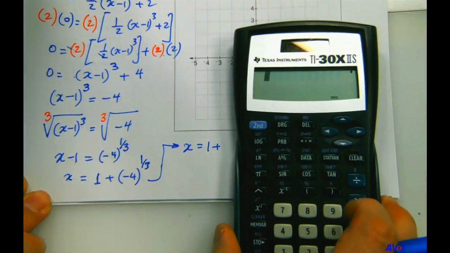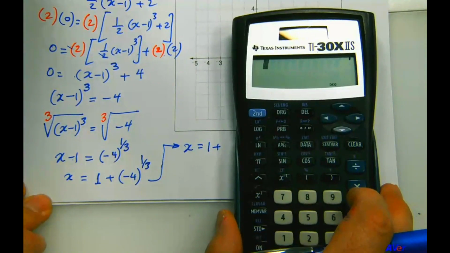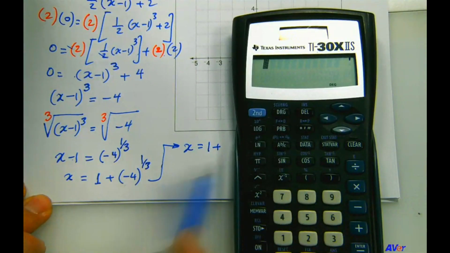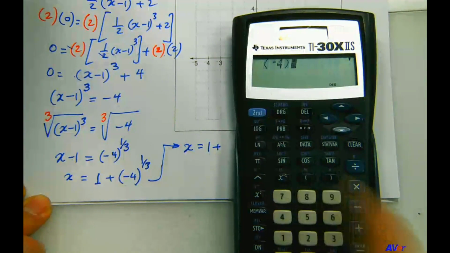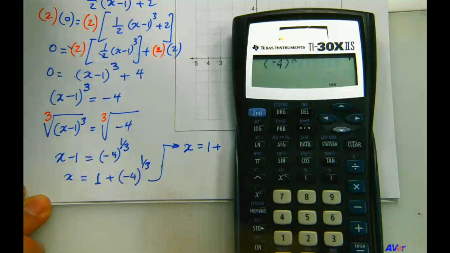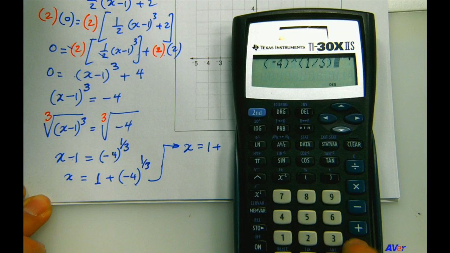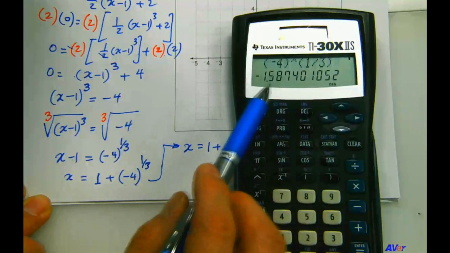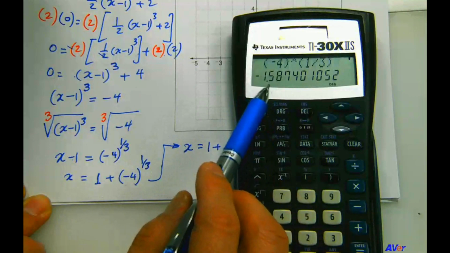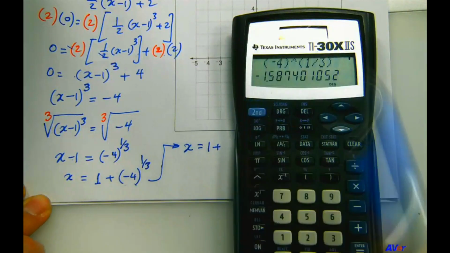Let me put this so you can see the whole thing. So I'm going to calculate this piece and put it here. Minus 4 raised to the 1/3 power, 1 divided by 3. So it's minus 1.587. Of course, I'm going to round this to minus 1.6.